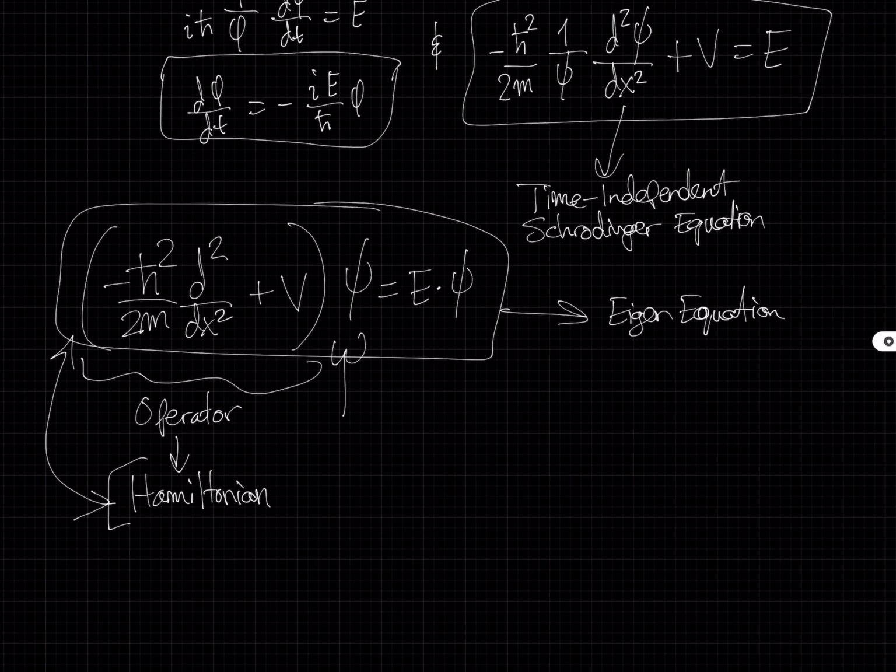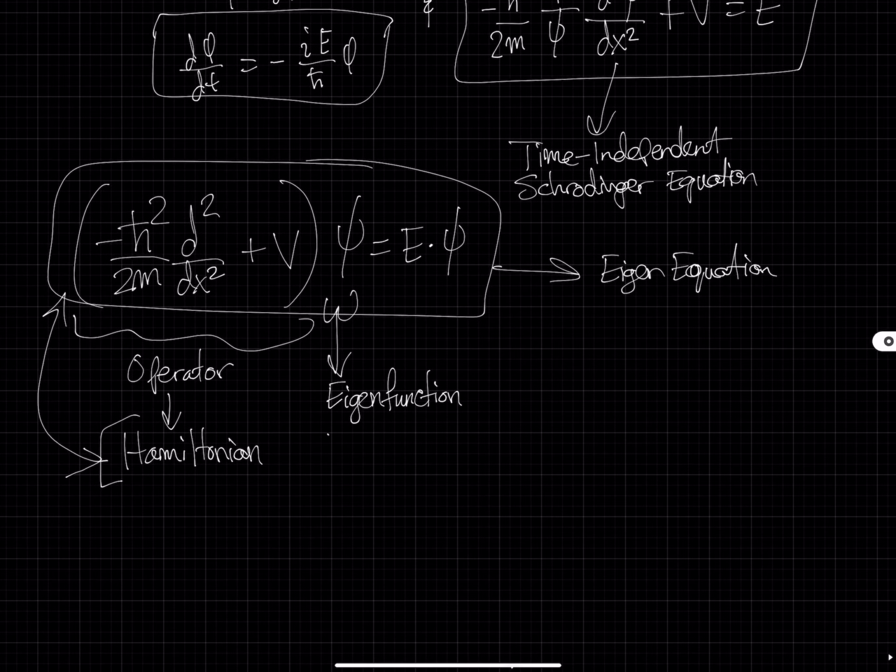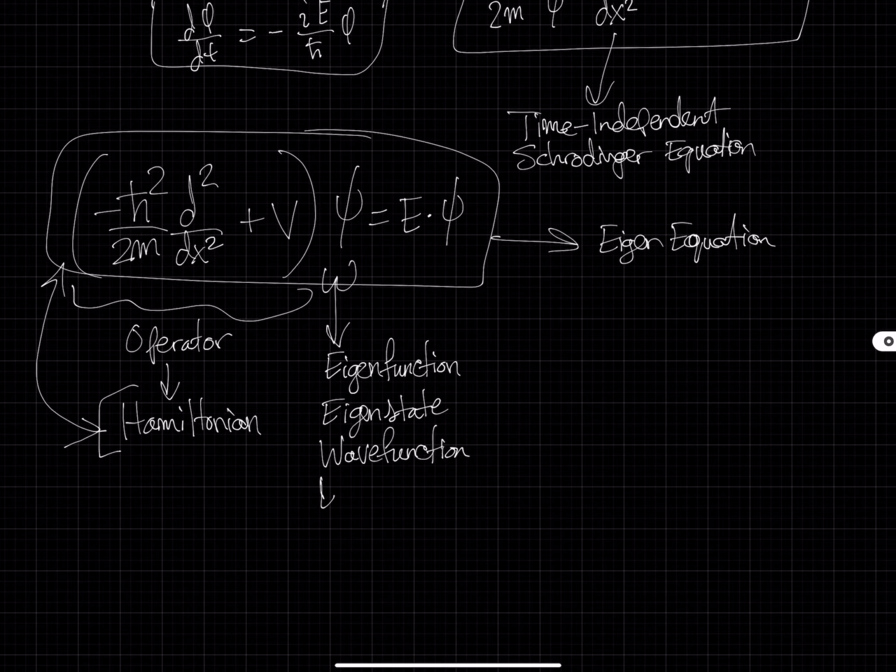Here, this wave here, there are several words for it. We call it an eigenfunction, which is what a mathematician would call it. In quantum mechanics, you would call it an eigenstate or a wave function. In some disciplines you'd call it an eigenvector.